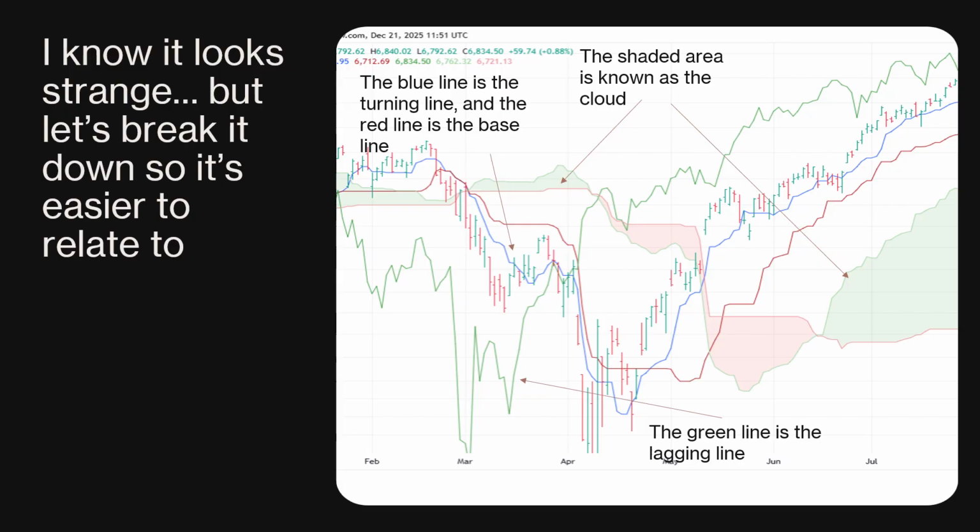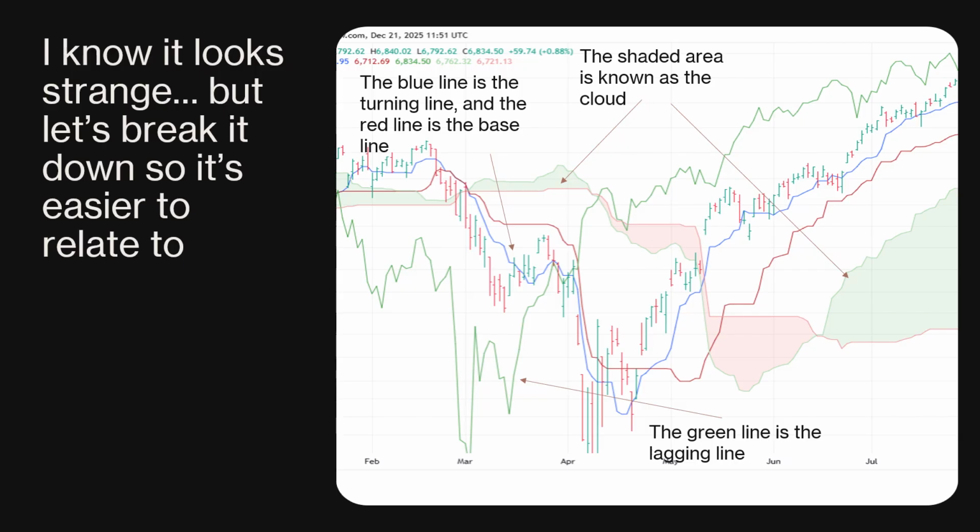Now, the blue line is known as the turning line or conversion line, and that depicts short-term trend. So if price is below the blue line, that's seen as short-term bearish. If price is above the blue line, that's seen as short-term bullish.